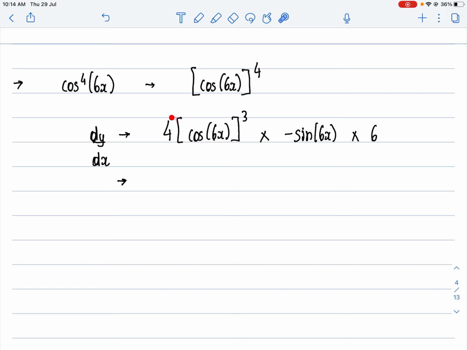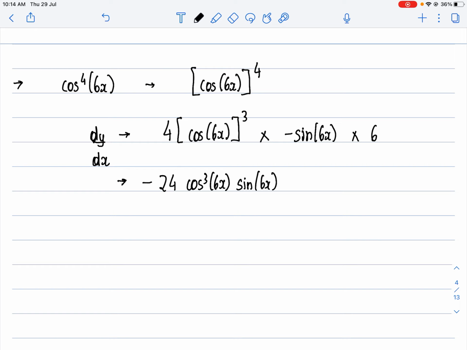So first I can do 4 into 6, which is 24. Correct? With, I can write this as cos cube 6x. Correct? You can simply write a negative here and a sine 6x. Correct? This is how you can simply write something like this.